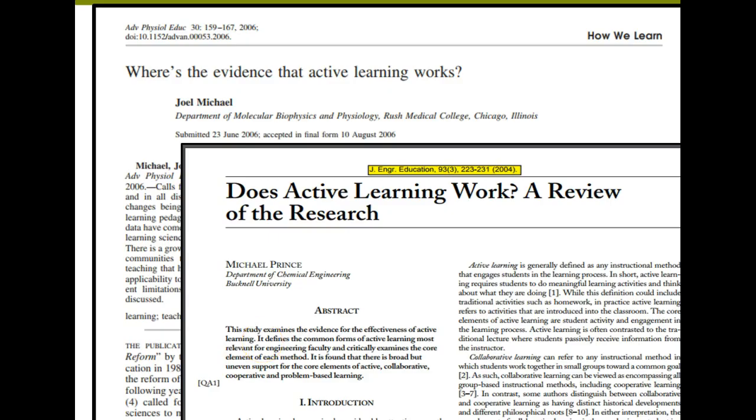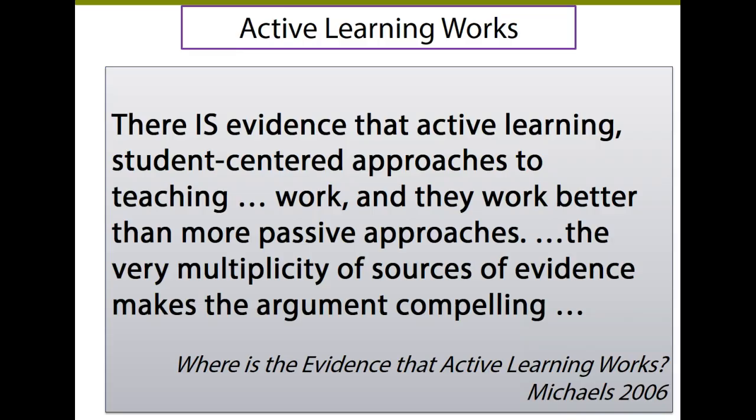And don't trust me, be skeptical. But I looked at 2 big meta-analyses done in the last 10, 12 years. And both of these meta-analyses of hundreds of studies indicate that active learning works. There is evidence that active learning works.